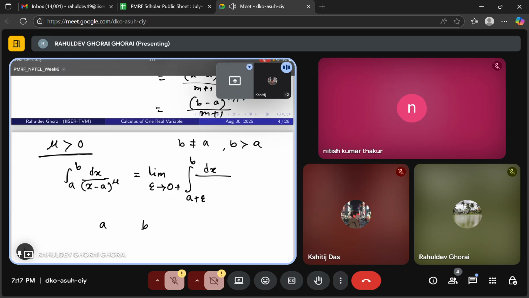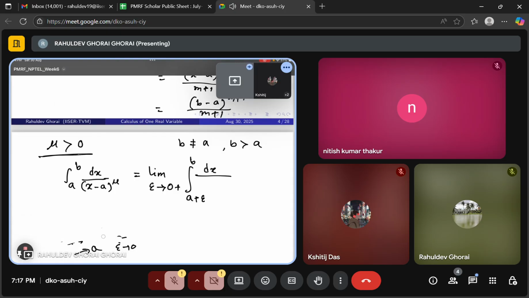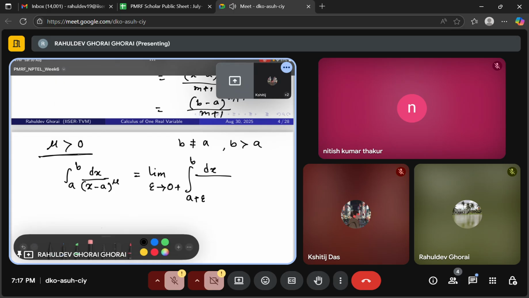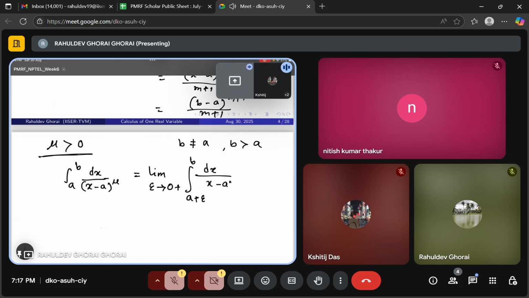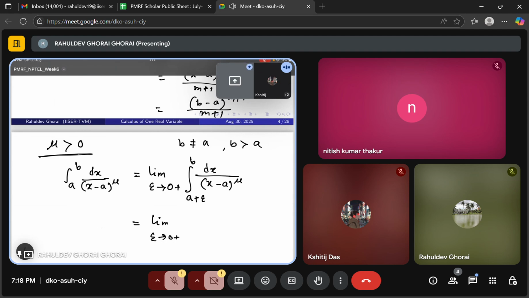You have a and b like this, and a plus epsilon will be somewhere here, and as epsilon tends to 0, a plus epsilon will go to a. So you will see how we get to know the mu range using this epsilon definition. Epsilon tends to 0 plus, integral from a plus epsilon to b. We'll evaluate this now.